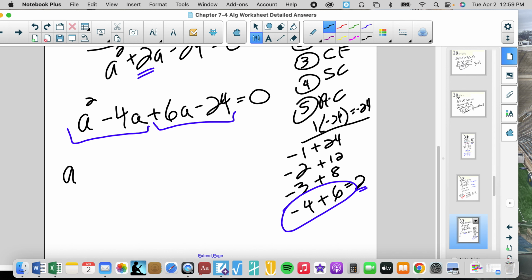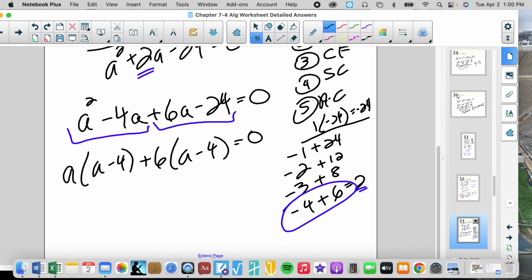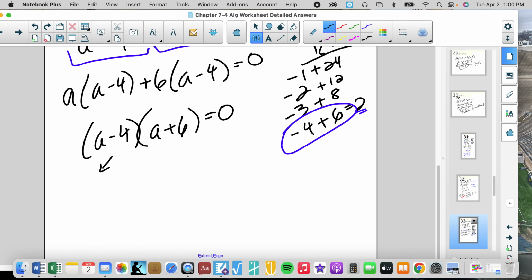And we're going to factor out an a. We get a minus 4. I'm going to factor out a 6, and we get a minus 4. I did it correctly because I have a minus 4 as my binomial, and a plus 6 is what is left over. I have a product that equals 0. I'm going to set each one equal to 0 and solve for a.